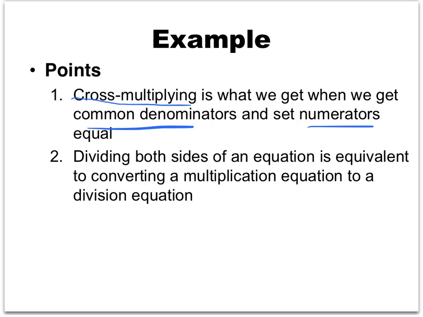And then the second thing I hope we observe is that when we divide both sides of an equation, that's really equivalent to converting a multiplication equation to a division equation. So this idea of cross multiplication is just a shorthand notation, or short way of doing things that we've talked about. Setting fractions equal to each other, converting between multiplication and division. It's just a shorthand way of doing all that.